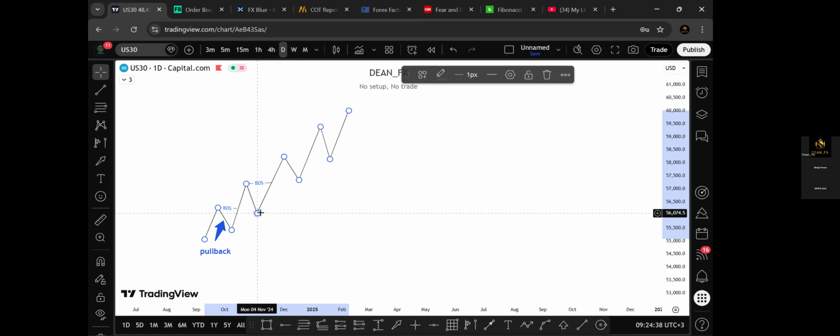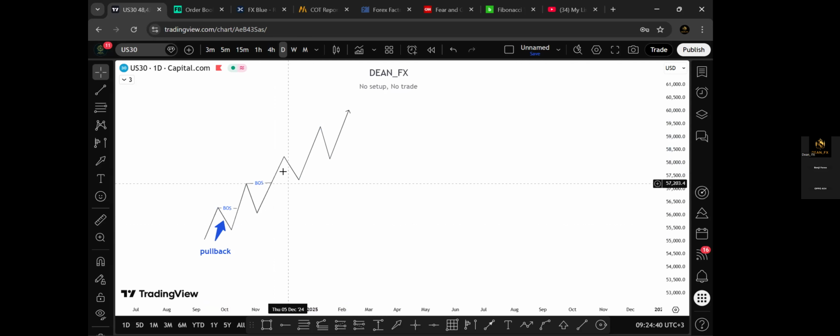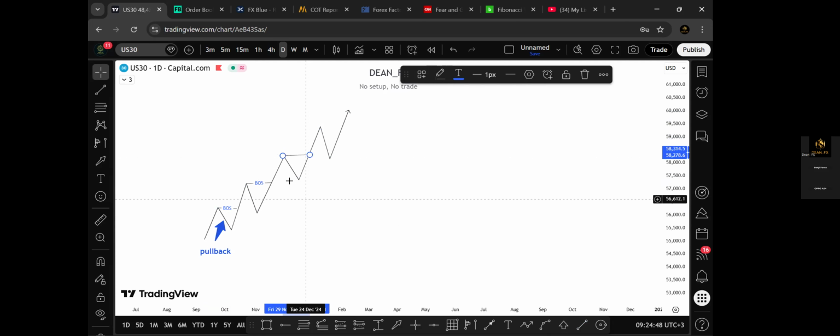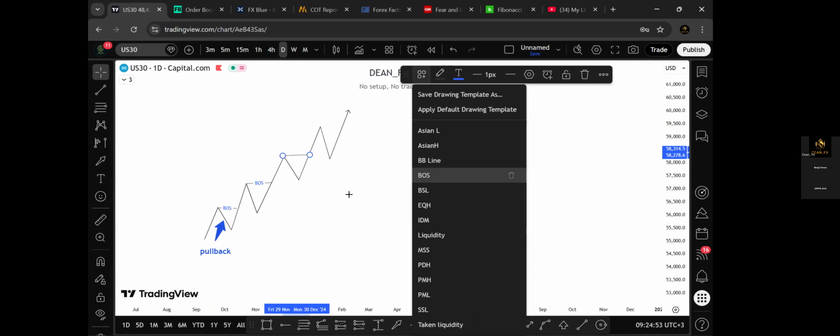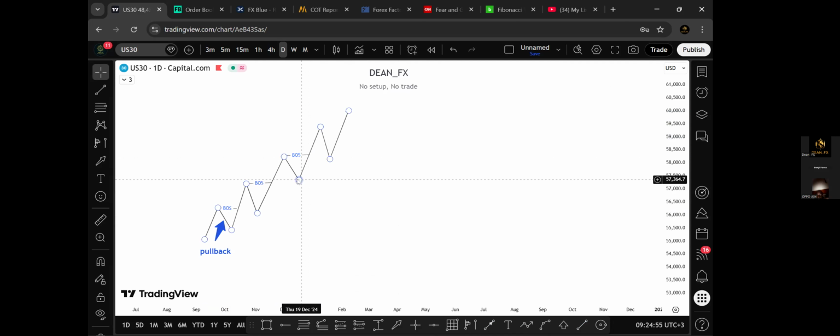I think I'm clear on that. So all of these are break of structures, because the price has broken the higher high. That means that the structure is continuing on a bullish run.